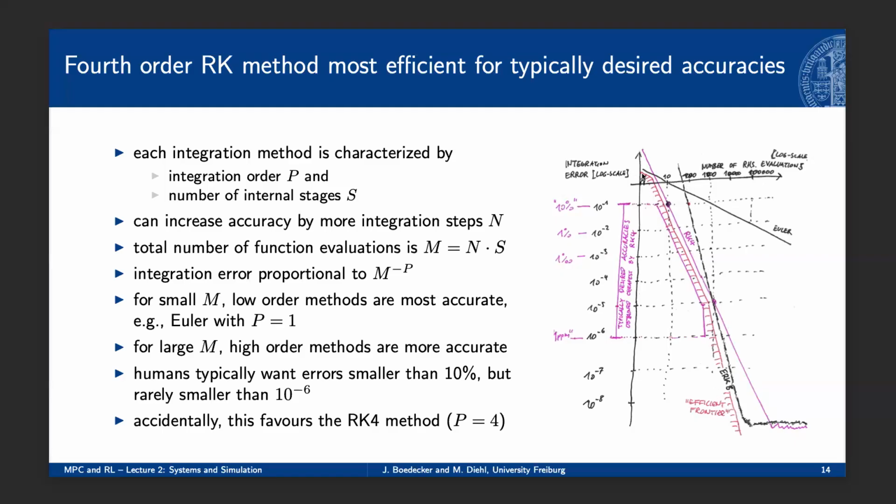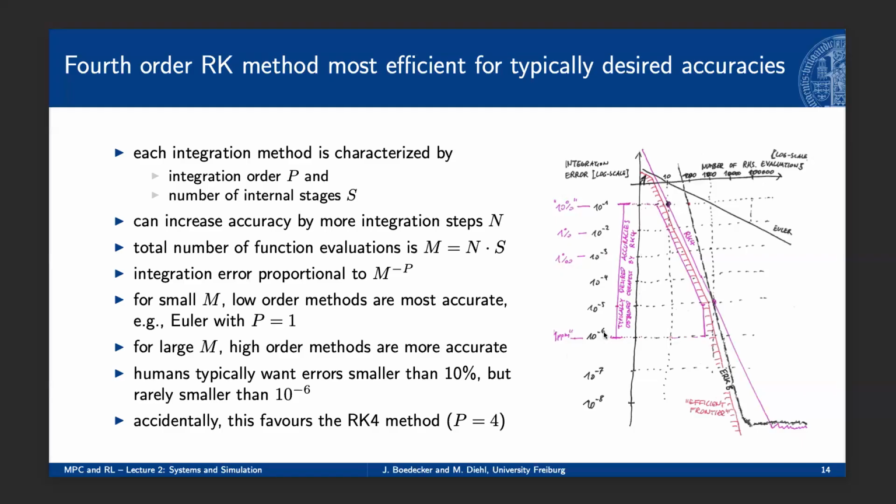And it turns out that at different accuracy levels, you get different methods that have the lowest computational cost, and you would always prefer the method that's basically lowest. And you could do this with all possible integration methods for your example, right? And every example will look a bit different. But the interesting thing is that when you do it with lots of examples, typically the Runge-Kutta method of order 4 is, so to say, the competitive method for 10% up to 10 to the minus 6 accuracies.